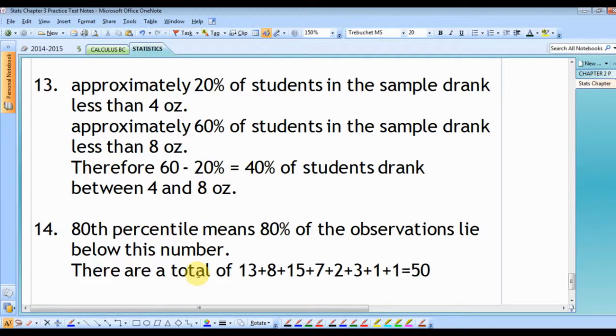Okay. If you're in the 80th percentile, 80% of 50 is 40, right?